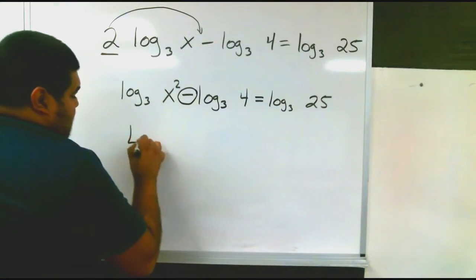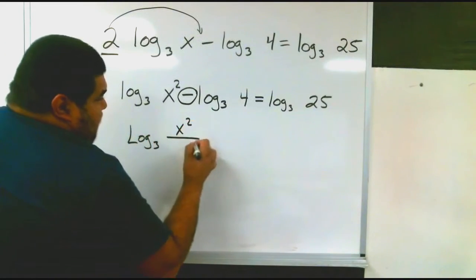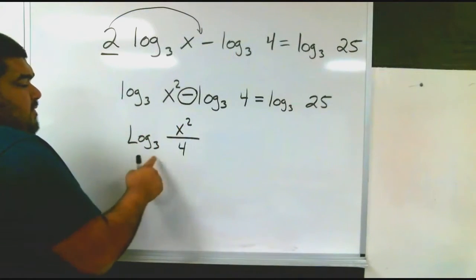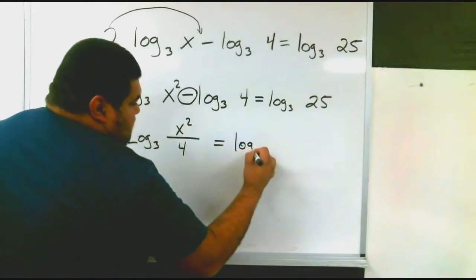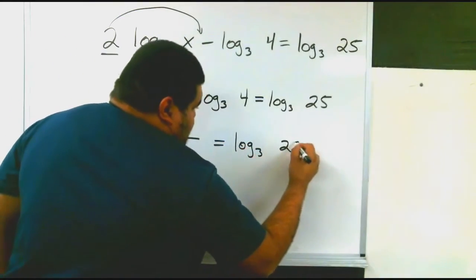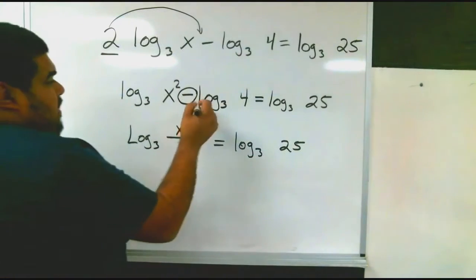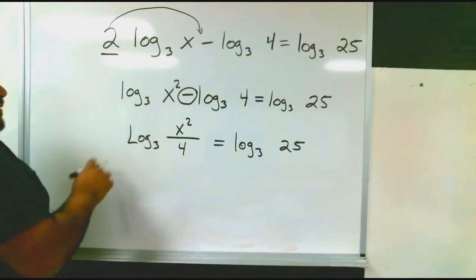So we're going to have log of 3x squared over 4 equals log of 3, 25. We got rid of this other log because we combined them. We only used one.